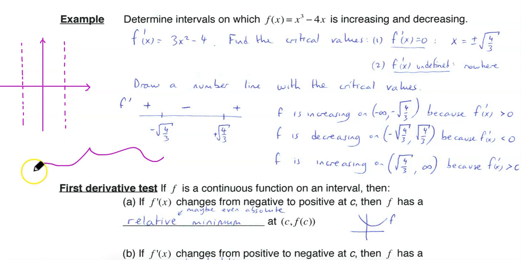This function is increasing until here, where the derivative is 0. Then it looks like it's decreasing until here, where the derivative is 0. Then it's increasing until here, where the derivative is undefined. Then it's decreasing until here, where the derivative is 0, and so on and so on.